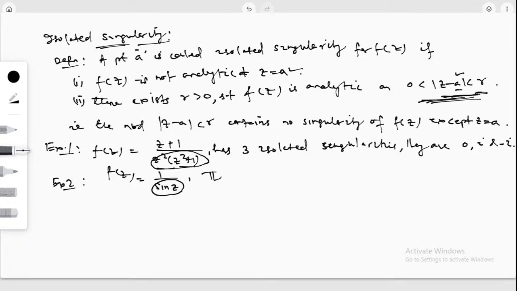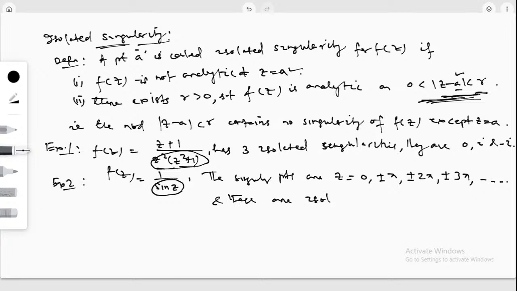We can say the singular points are z equal to 0, plus minus pi, plus minus 2 pi, plus minus 3 pi, like this, or you can say plus minus n pi. And these are isolated singularities.